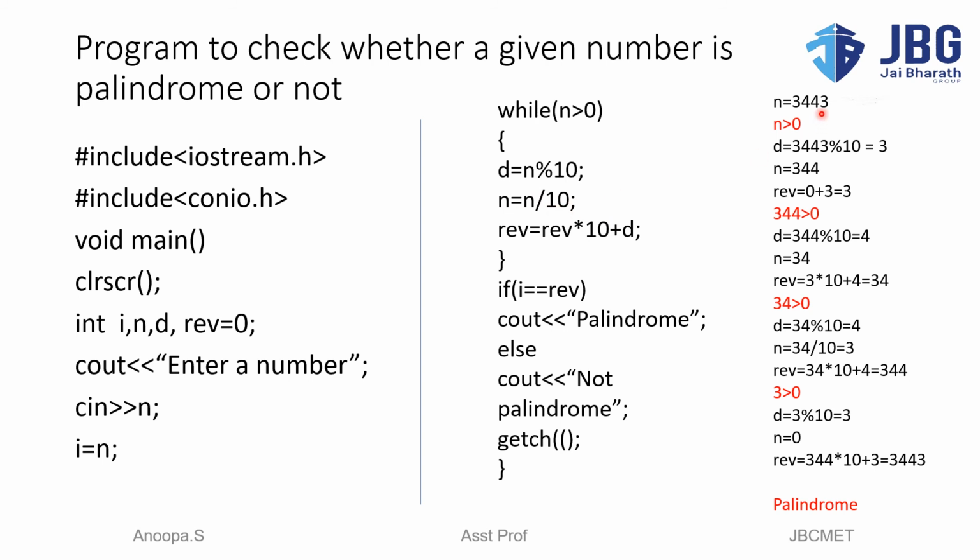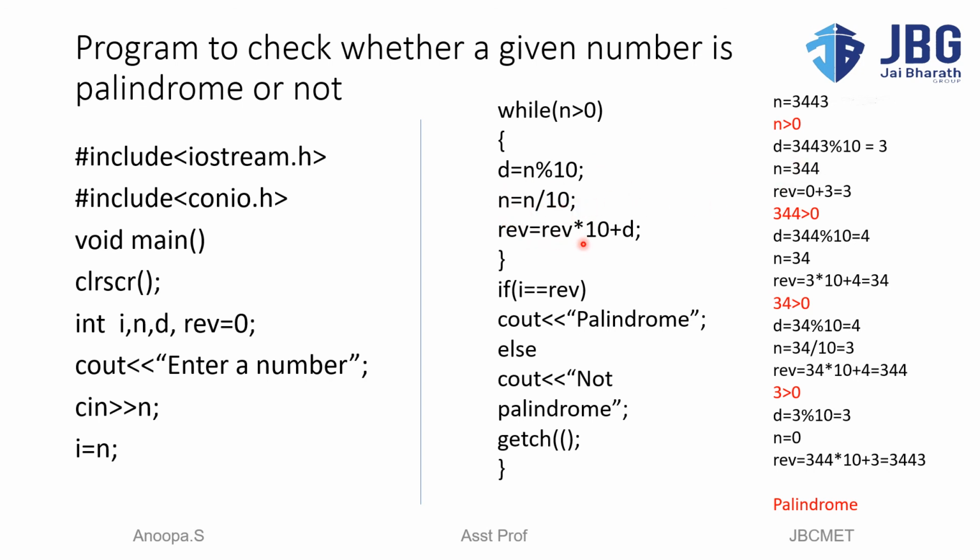Here 3443, right? When I divide it by 10, I will get 344. This number in the unit place should go to the thousands place. For that we are doing this. n is equal to n by 10, 344.